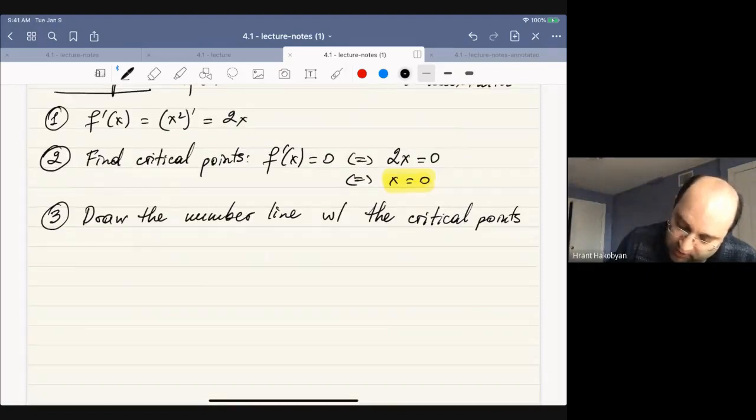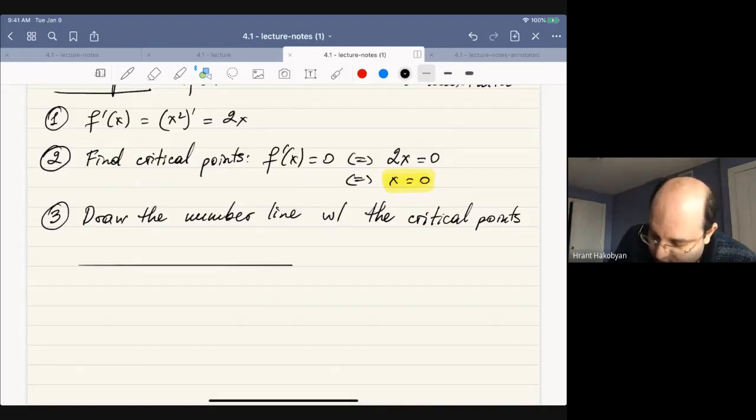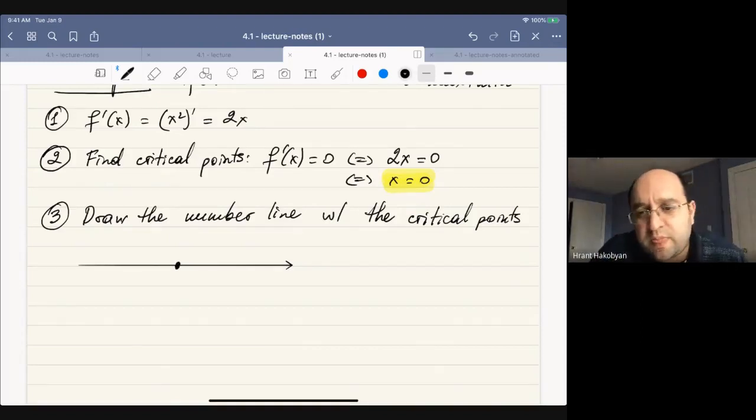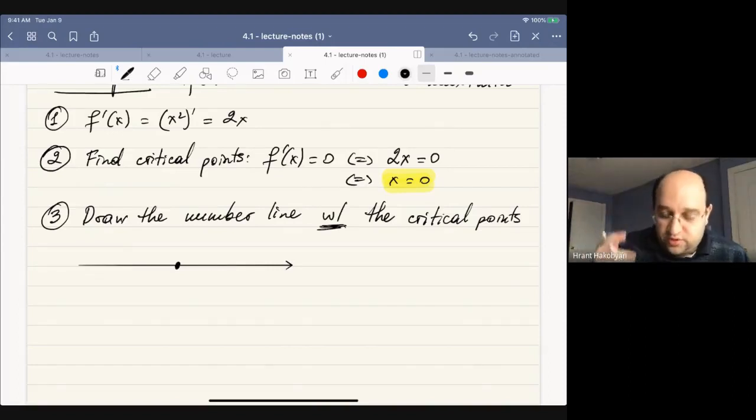Where here, you just draw a line. In this case, you have just one critical point, so that's easy. And then you have two intervals. Okay, so we have now two intervals.